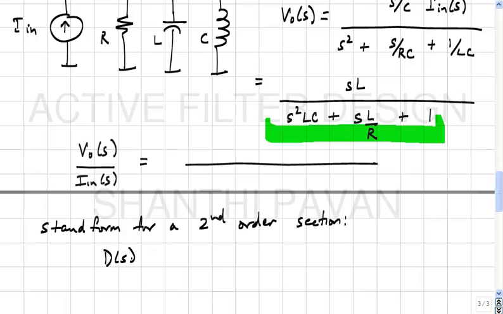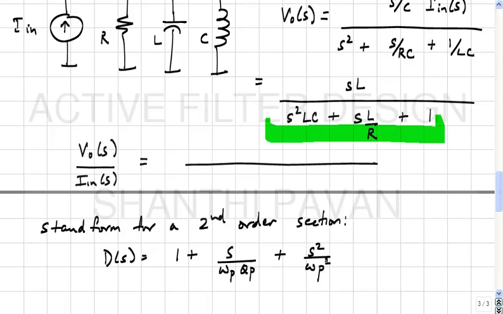The denominator is always placed in this form: 1 plus S by omega P QP plus S square by omega P square. Okay. So it is always nice to cast whatever you get into this form. Clearly, there are two coefficients, LC and L by R, and there are two numbers here, omega P and QP.